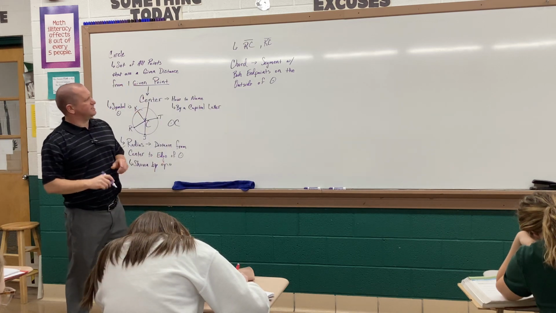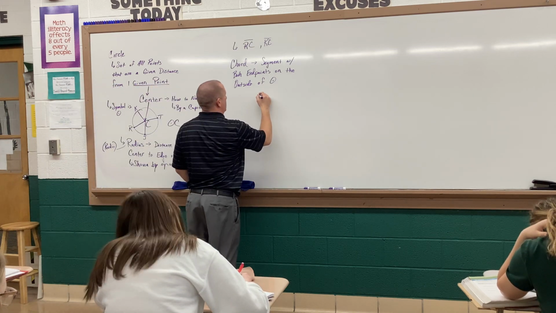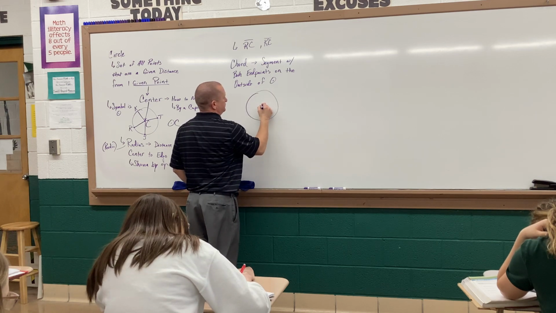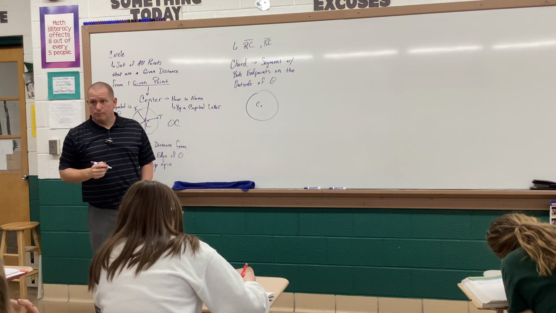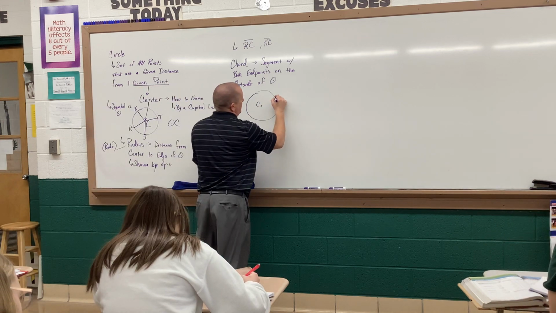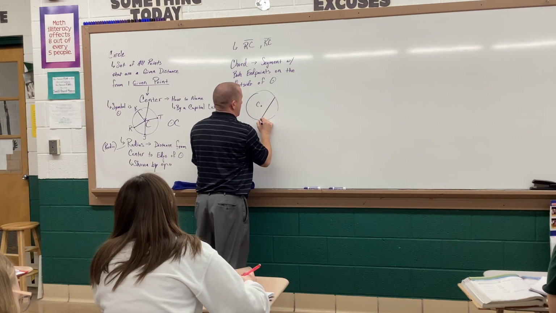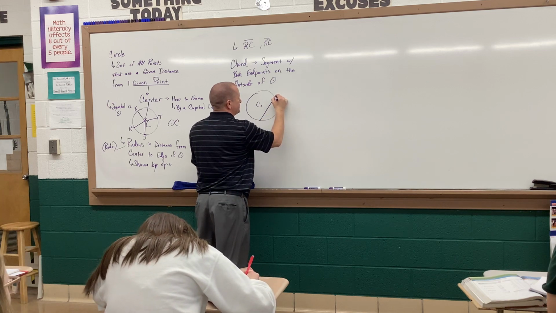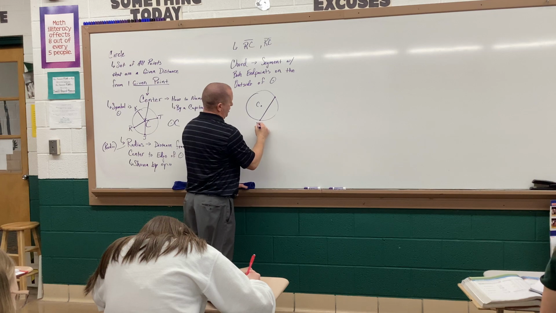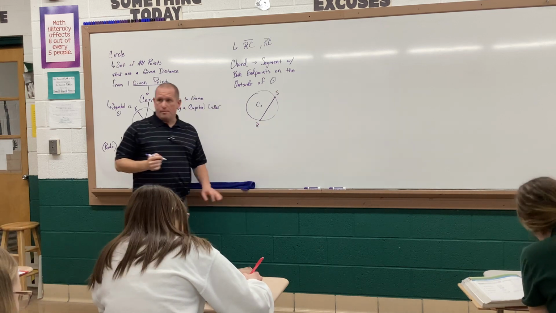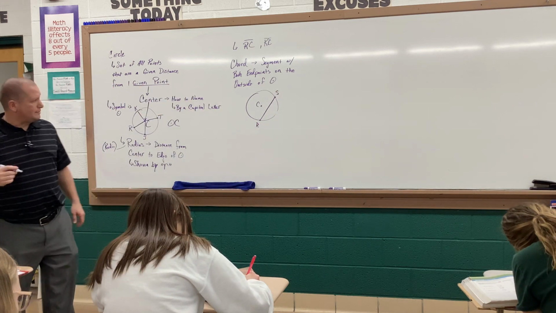So it's a segment, so if we come back here and we draw a chord, we still can call it circle C. A chord just has to have its endpoints on the edge of the circle. Oh, it doesn't touch the side. Okay? So we can call this RS. Alright?